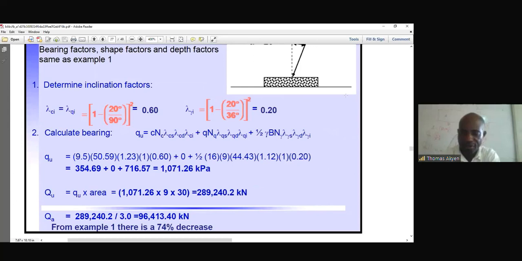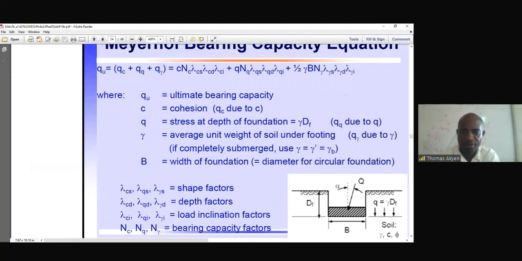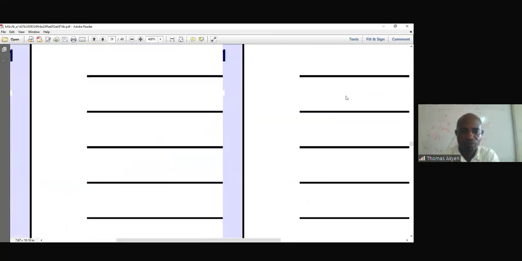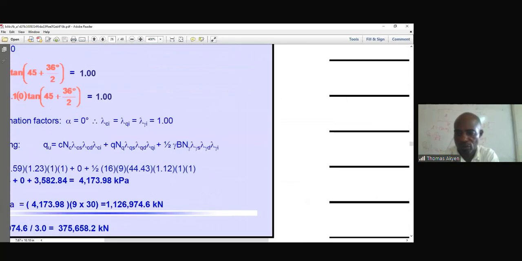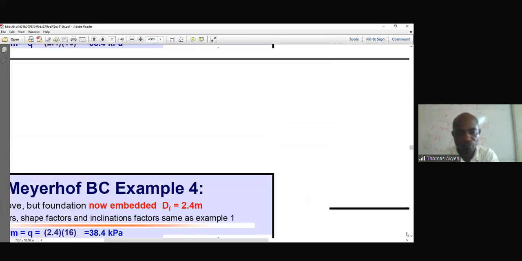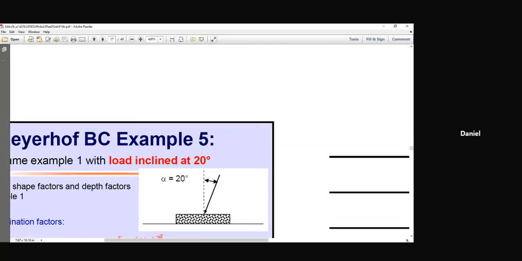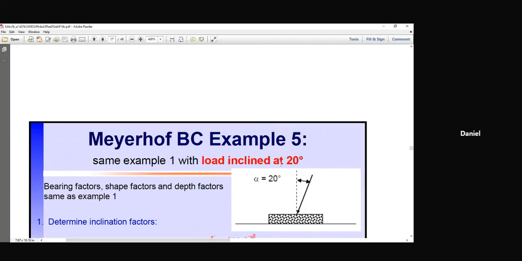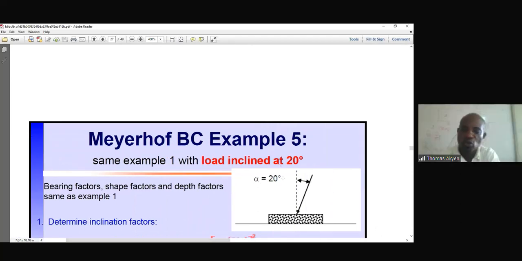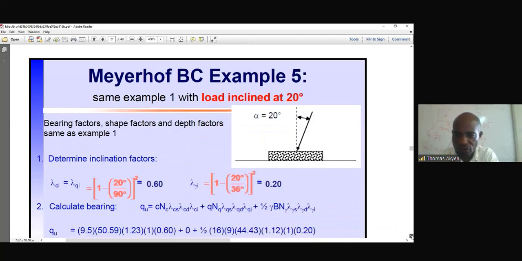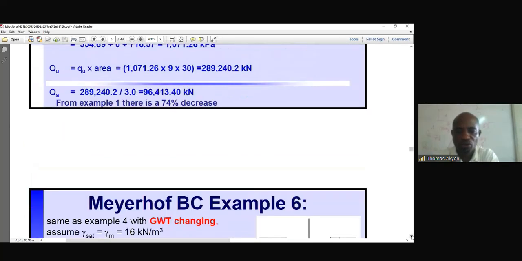It is in the situation where alpha is tilted to 20 degrees, that is when you are going to use this.